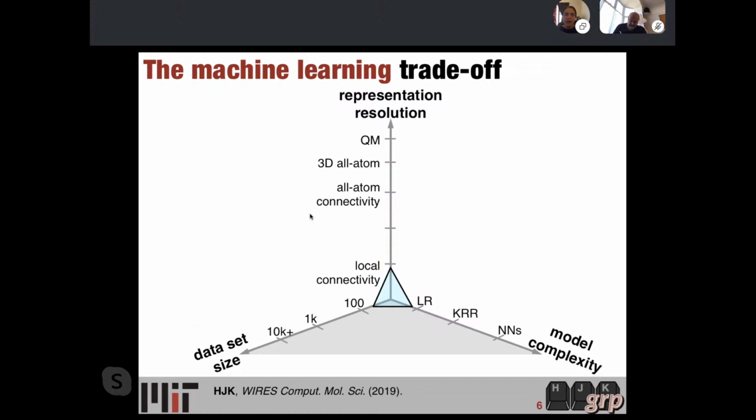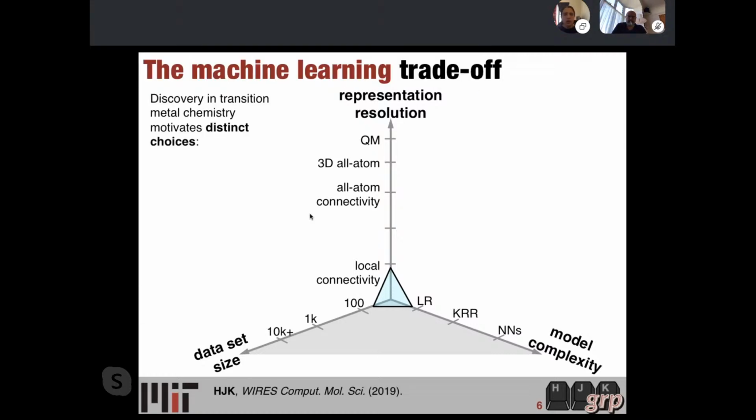And then how much time can we afford to spend on generating a representation, as well as what do we want that representation to encode? Where specifically we think about representation and feature engineering in terms of how do we tell our machine learning model about the chemical problem we'd like to predict.